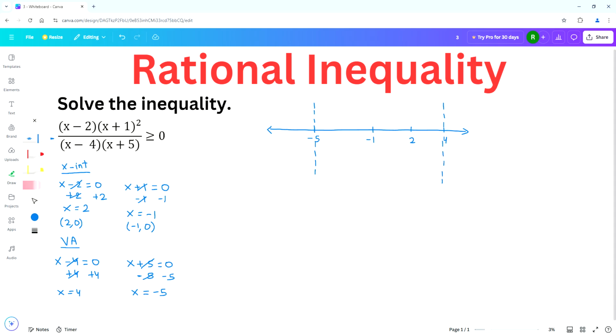These four numbers divide the number line into 5 parts or intervals. We have to find in which of these intervals does the given inequality hold true. We have to use a test value in each interval.